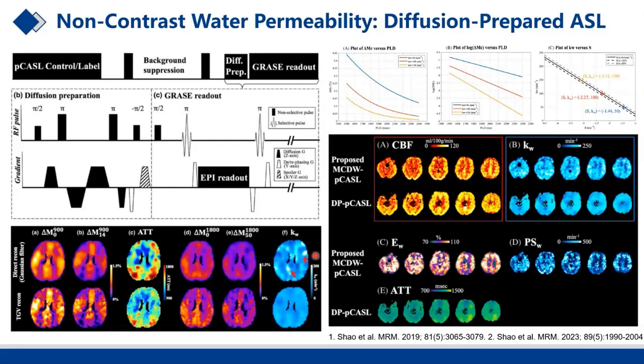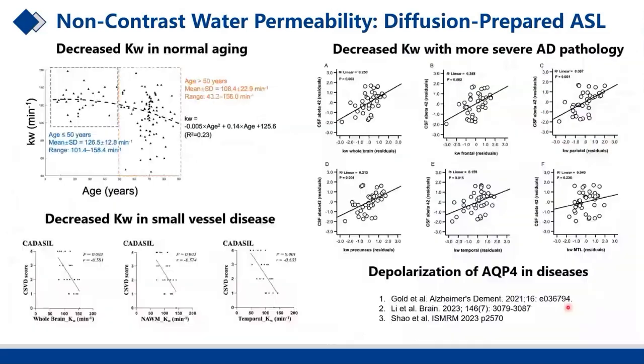So recently, they have proposed that we can do a multi-delay diffusion-prepared ASL. With more data, of course, we can fit for not only the transfer rate, but also the water extraction fraction and also the PS values. They have also done some clinical applications using the diffusion ASL sequence, and they found that in normal aging there is a decreased water exchange rate.